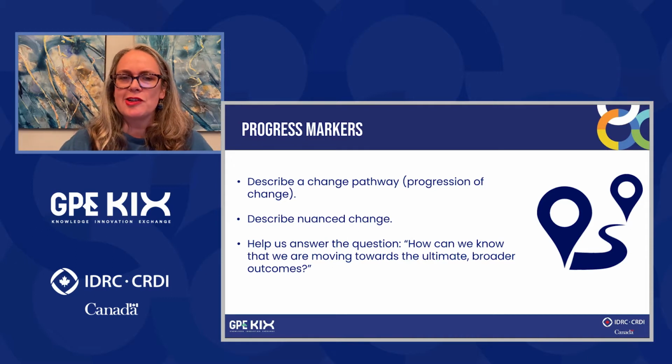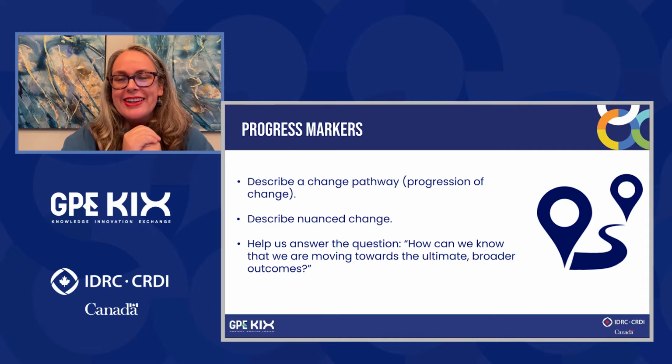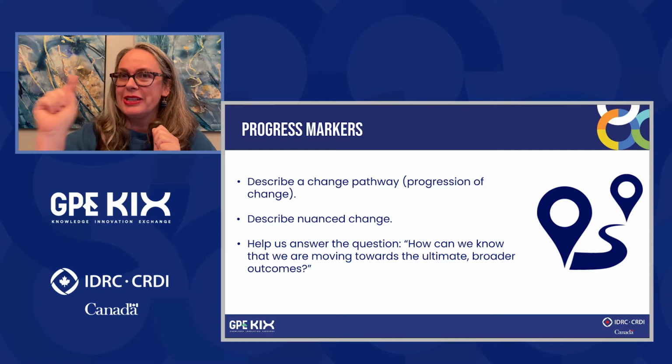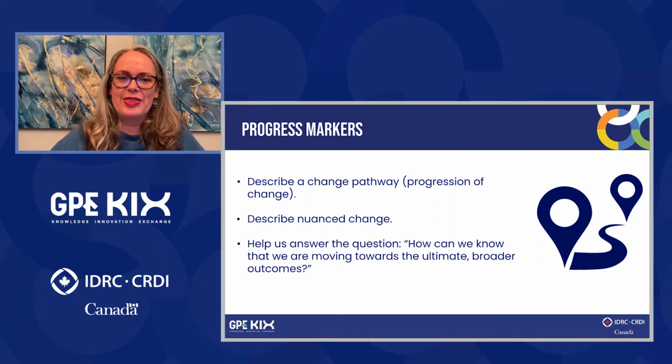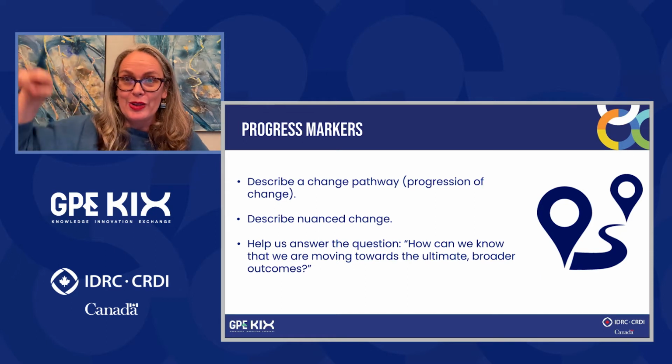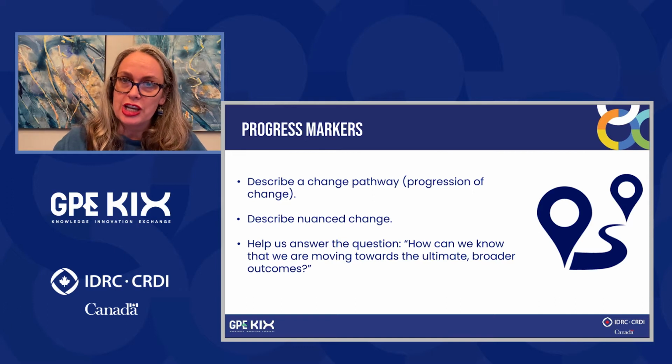Progress markers describe a change pathway, a progression of change from a starting point to an end point. However, it's not necessarily always so linear. So we have to keep in mind that slide that Simon shared with us in the last session with the pathways going all over the place. We know that it's not a linear progression. And what we're capturing with the progress markers is nuanced change.